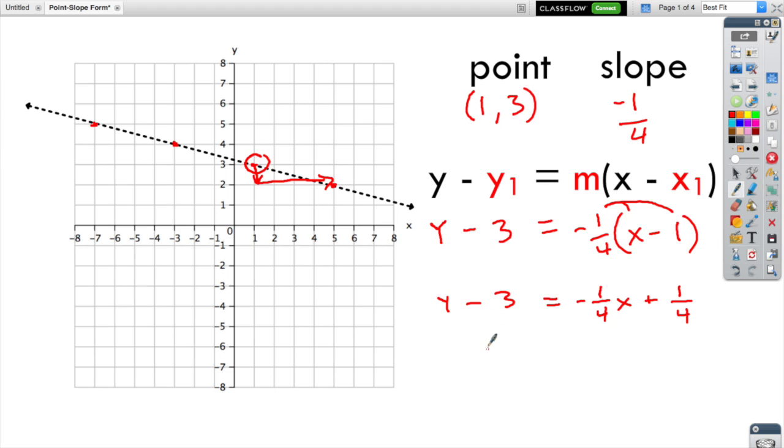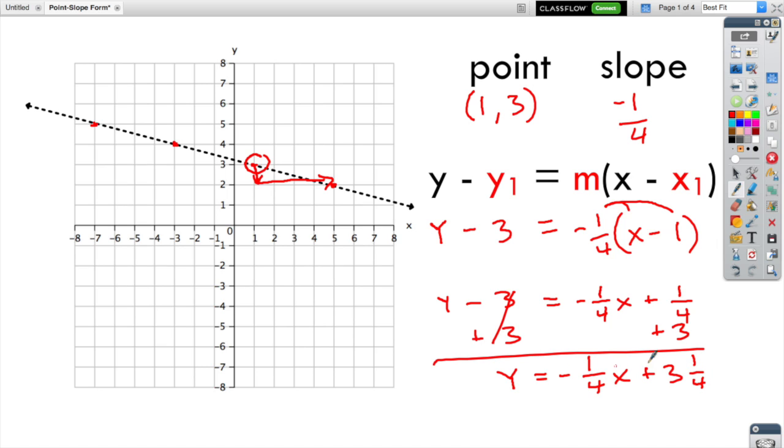And then to get y completely by itself, to get it in slope-intercept form, we add 3 to both sides. So I get y equals -1/4 x plus 3 1/4. And there's our equation in slope-intercept after starting off in point-slope.